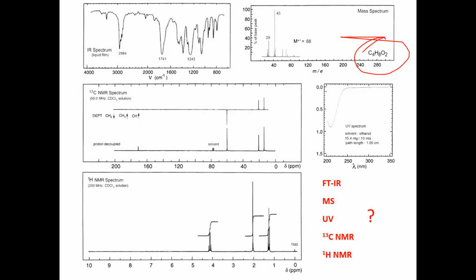I put numbers on the FTIR where I would like you to comment on the peak. We said about 3000 aliphatic, 1200 something, single bonds. So that's a further confirmation that it's an ester.